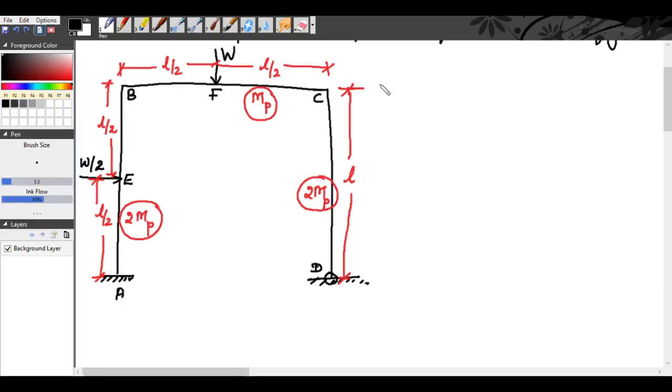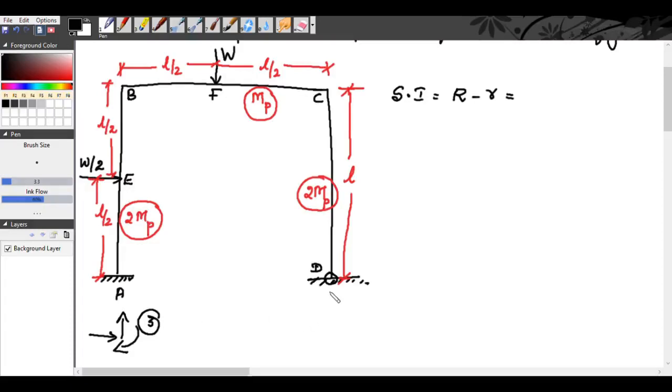So first step, as usual, we will be finding the statical indeterminacy. We know statical indeterminacy is equal to the number of external reactions minus the number of equilibrium equations available. So for this frame, at joint A, we have a vertical reaction, a horizontal reaction and a moment. So totally 3 unknowns.